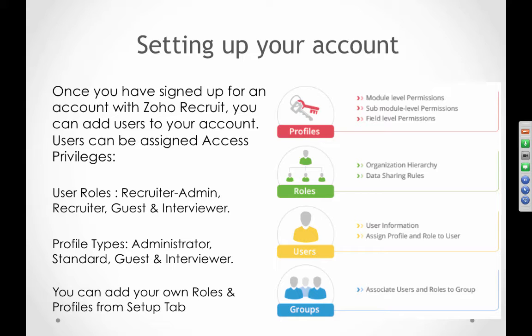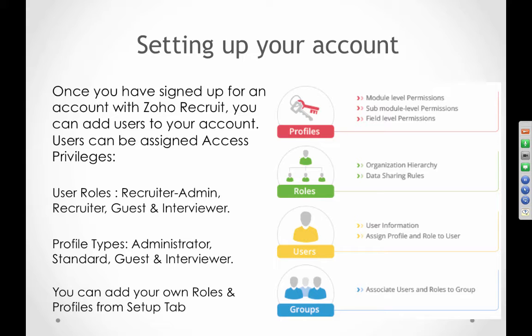What is the difference? Recruiter admin or the administrator is the main user of the account, like a super user who would have unrestricted access. The other type of user, recruiter, would be the general recruiter user, the standard user who can have options to view, add, and edit data.